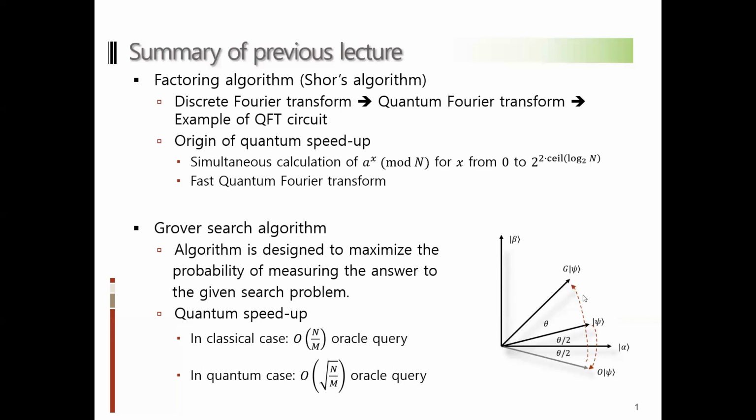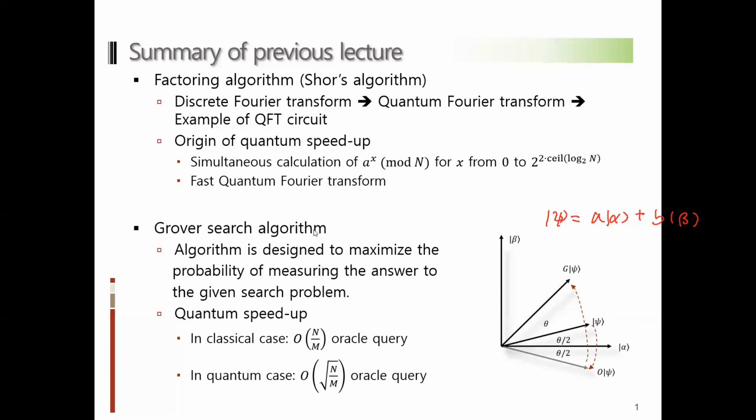I forgot to mention that this was related to interference, so let me point out what happens. The vector might initially start as a superposition of alpha and beta, with some coefficient in front of these two basis vectors.